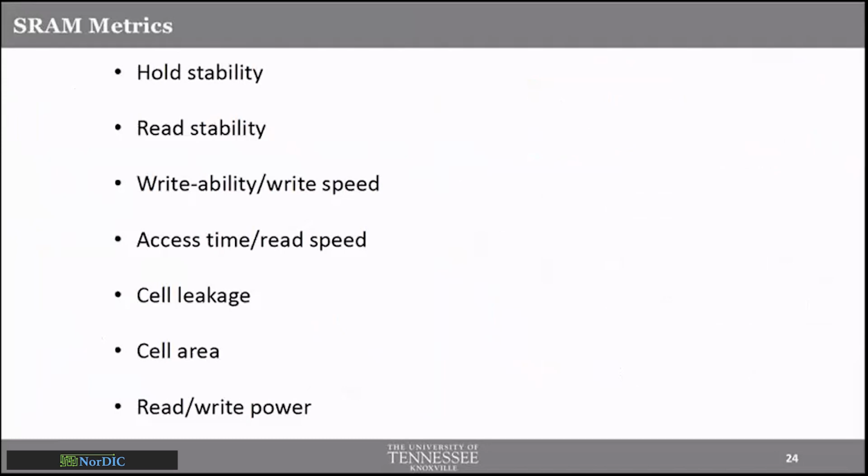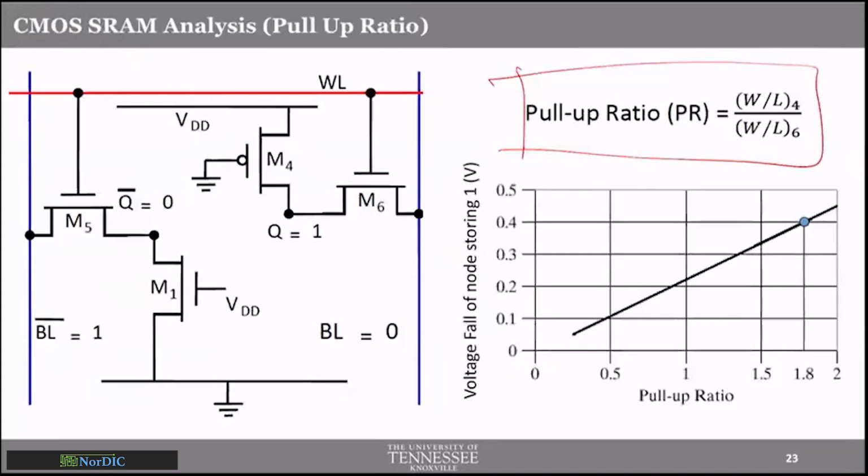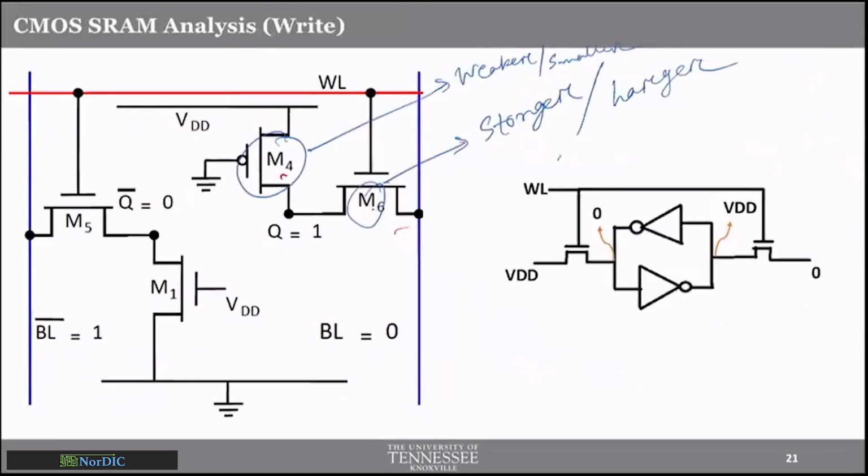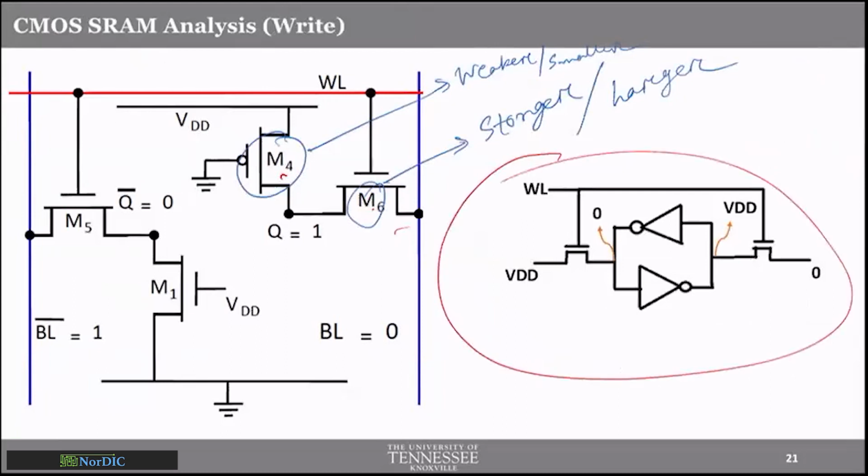Now, here are some design metrics which are widely used to determine the performance of SRAM circuits. Hold stability. It shows whenever you are not trying to read from or write into an SRAM cell, the SRAM itself should be able to hold on to the stored data.